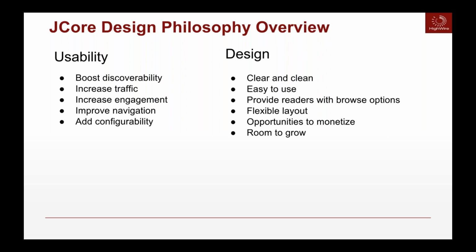We have an extremely tight relationship with Google Scholar, so we're always working to improve. We are working to increase traffic to journals, increase engagement, and improve navigation, and that's a constant drive for us, as well as add configurability and the ability to self-service the journal.